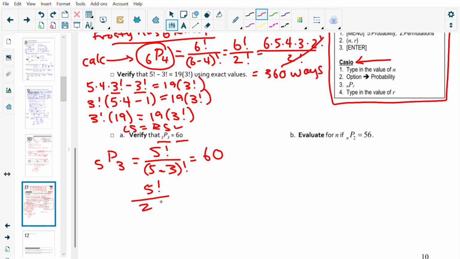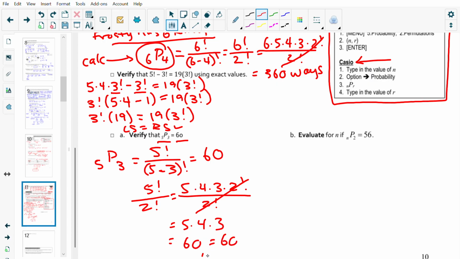Okay, I have 5 factorial over 2 factorial. Let's do this without a calculator. And that indeed equals 60. Okay, so that checks.